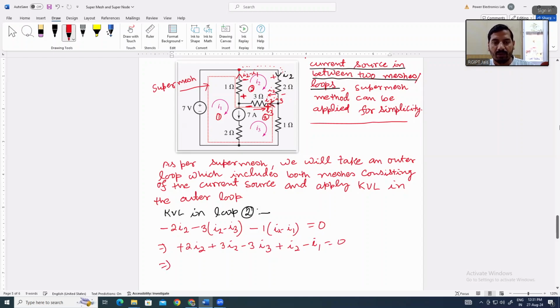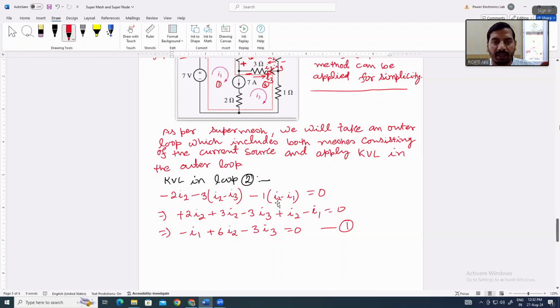So minus I1 plus 2I2 and plus 3I2, that is 5I2, 5I2 plus I2, 6I2. So minus I1 plus 6I2 minus 3I3 is equal to 0. This is equation number 1. So by applying KVL in loop 2, we got the first equation.